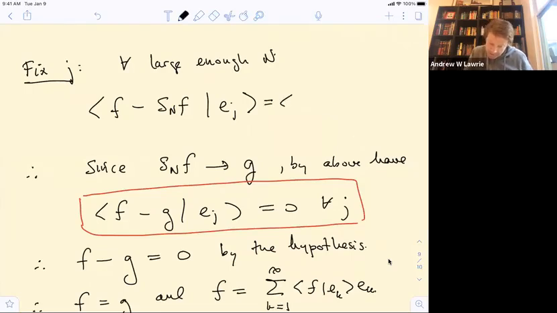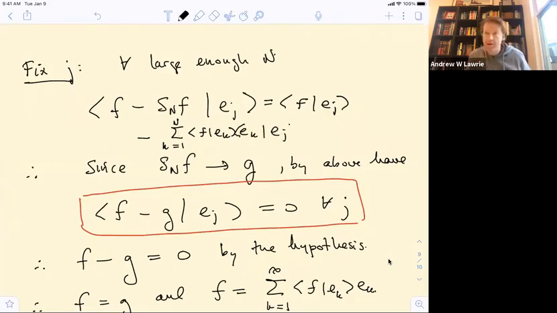By expanding it out, this is just F paired with E_J minus the sum from K equals 1 to N of the pairing of F with E_K, E_K paired with E_J. Right, sorry, this is a little sloppy. I just expanded out what S_N F was and then paired it with E_J.